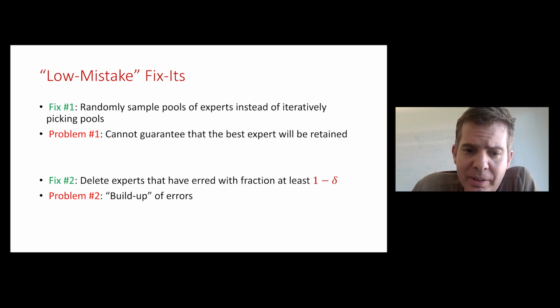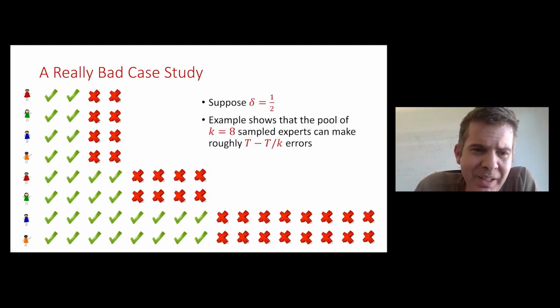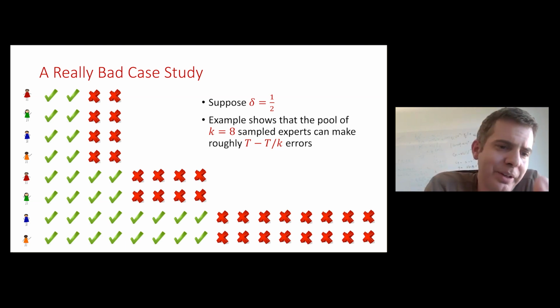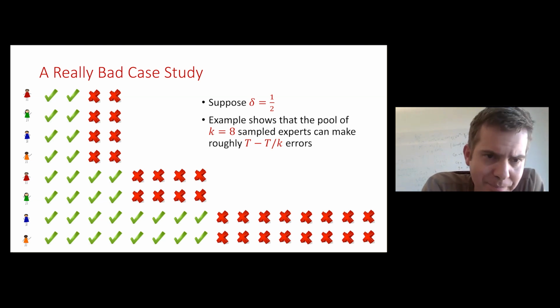The second issue is a bad case study here. So here I have 8 sampled experts. These are the rows.